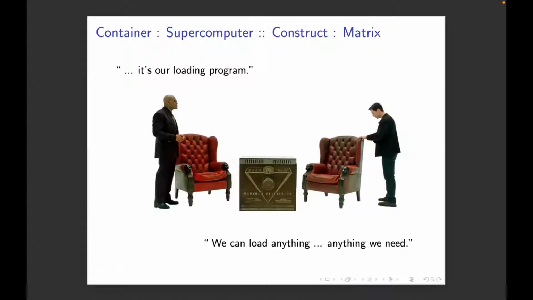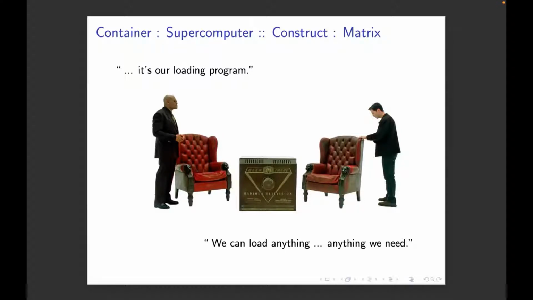And if you've seen the movie The Matrix, this is my analogy for what a container is, if I haven't explained it well enough yet. So if you've seen the movie, you'll get the analogy. The container, compared to the supercomputer, is like the thing called the construct in the movie, right? Where they have this program or environment where they can create anything they need to take into this virtual world, the Matrix, right?